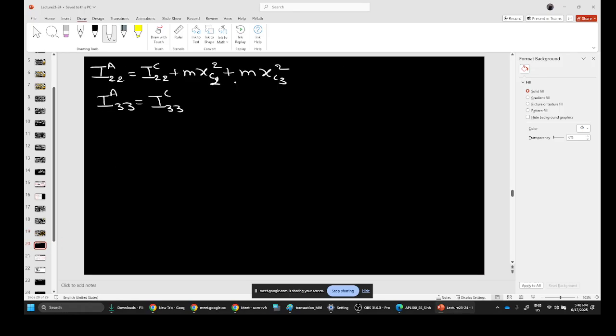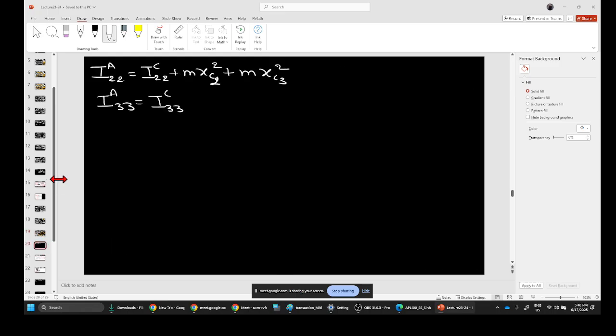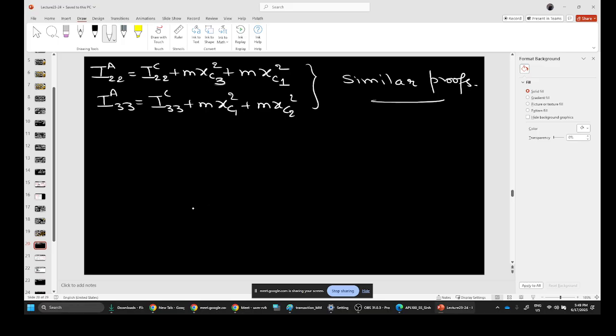Like to write it as 2, like to write that as 3 becomes 1, 2 becomes 3, 3 becomes 1. And this will be xc1 square, m xc2 square. Similar proofs. Leaving it, not repeating the steps.